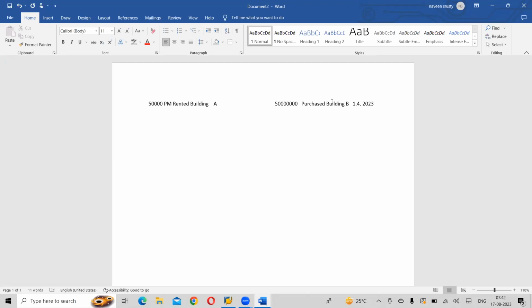Same way, furniture I have purchased on 1st April 2023. What would be the intention at the time of purchase? Are we going to sell this furniture?